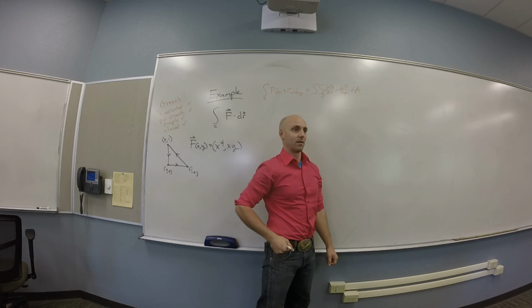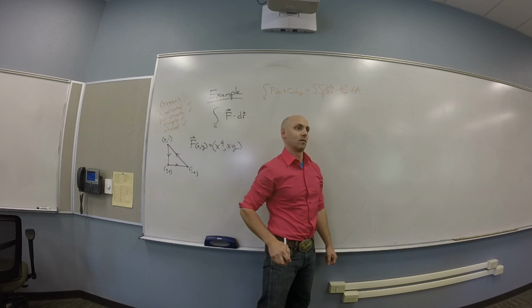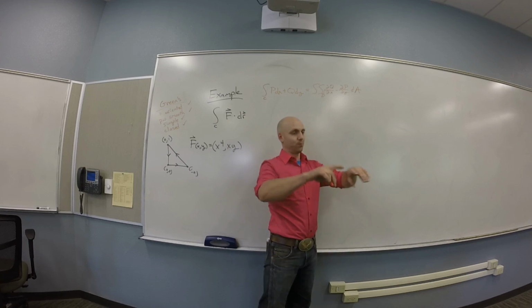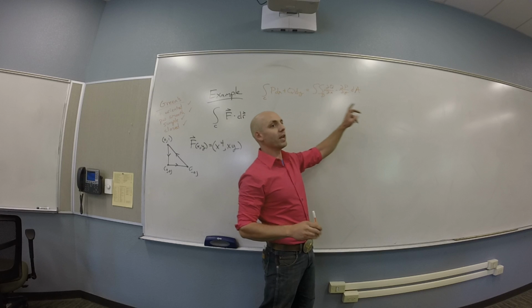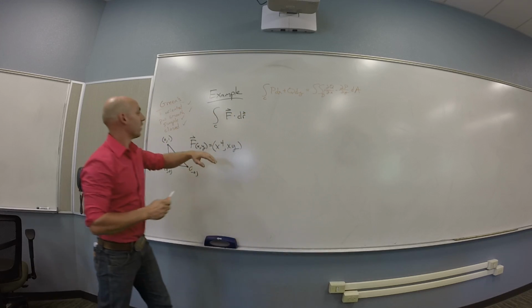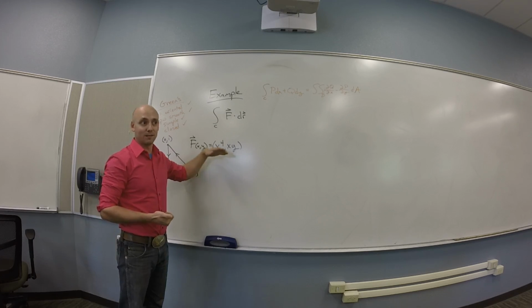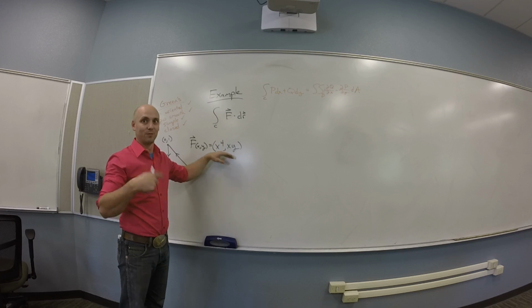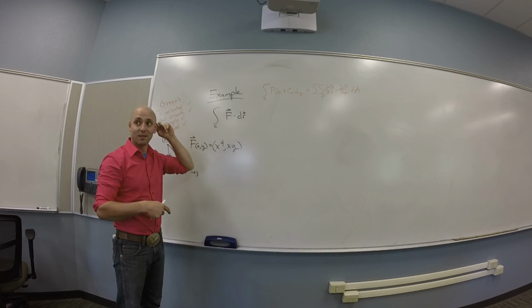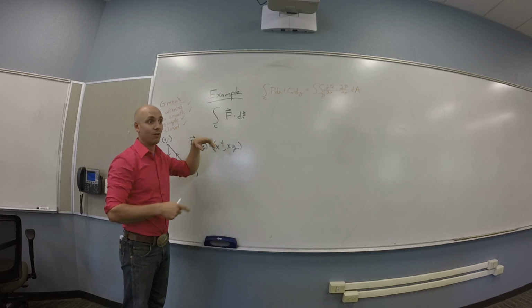If P and Q are components of a gradient, then that would be F_yx and F_xy. So if my vector field F were a gradient of something, if it were path independent, what would the integral over a closed loop be? 0.